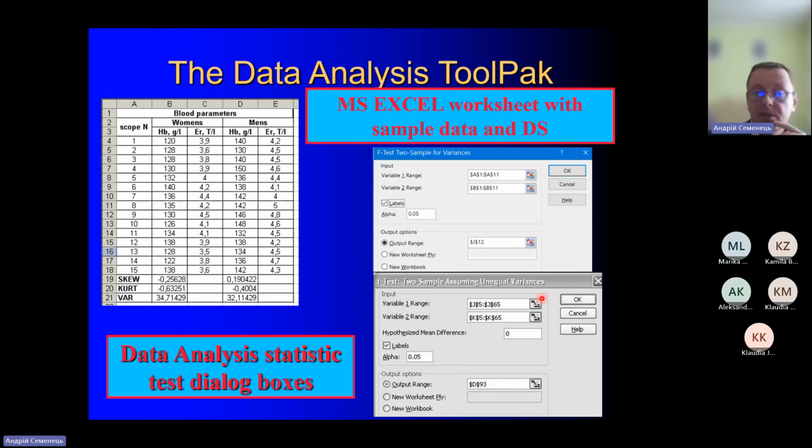Then we have to make the assessment about variances. Pay attention that here we have the greatest variance for the first variable, so we have to provide it in the given order. If it were in reverse order, we would have to change this order.